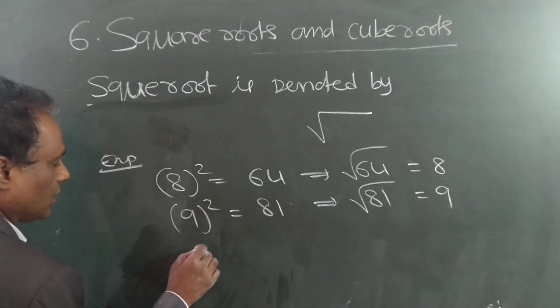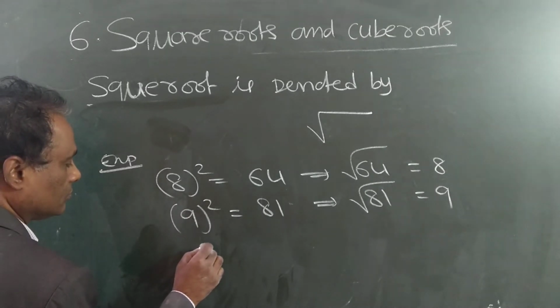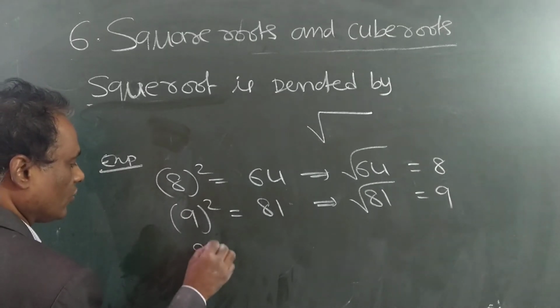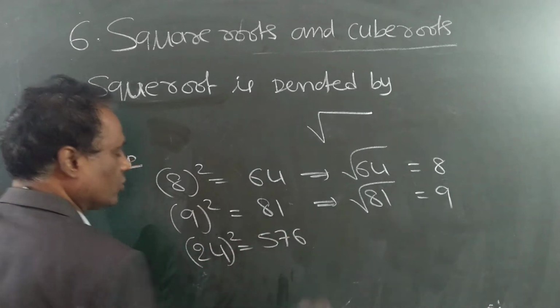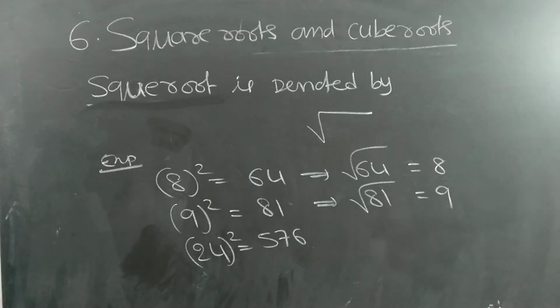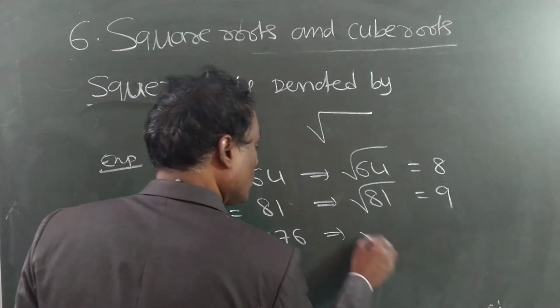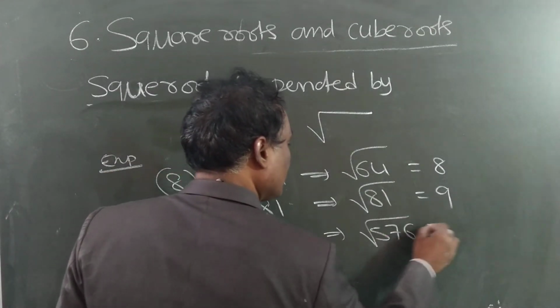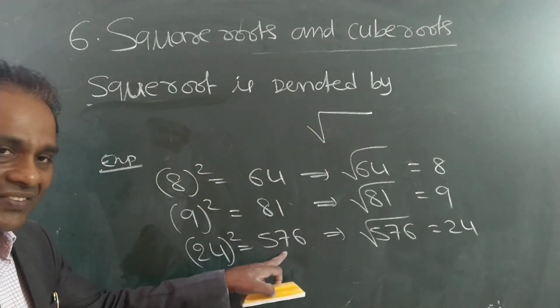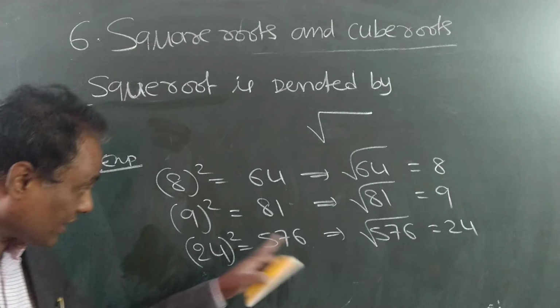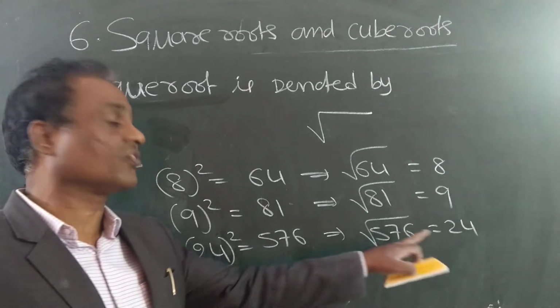Suppose 24 square. 24 square is 24 into 24, 576. So that means root of 576 is 24. If the square is there, we can find this number. If this number is given, how to find this 24? That reverse process is called square root.